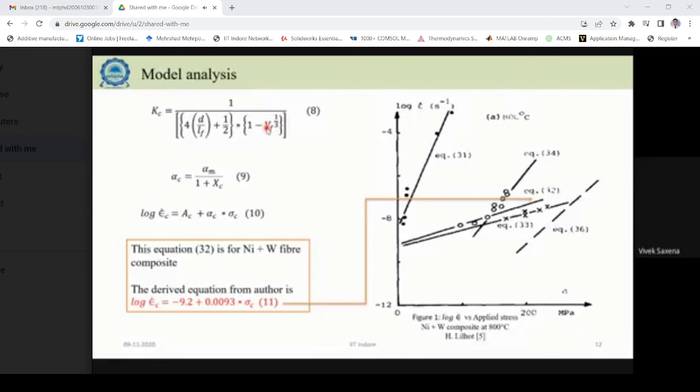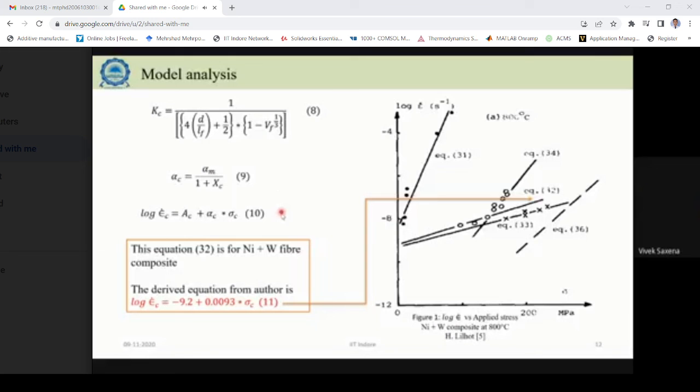In this figure, I have shown the findings from the author, where the author found the experimental equation based on the experimental data points through the curve fitting method, and proposed this equation for the nickel and tungsten composite at 800 degrees Celsius for a fixed value of L by D and a fixed VF of 0.4.